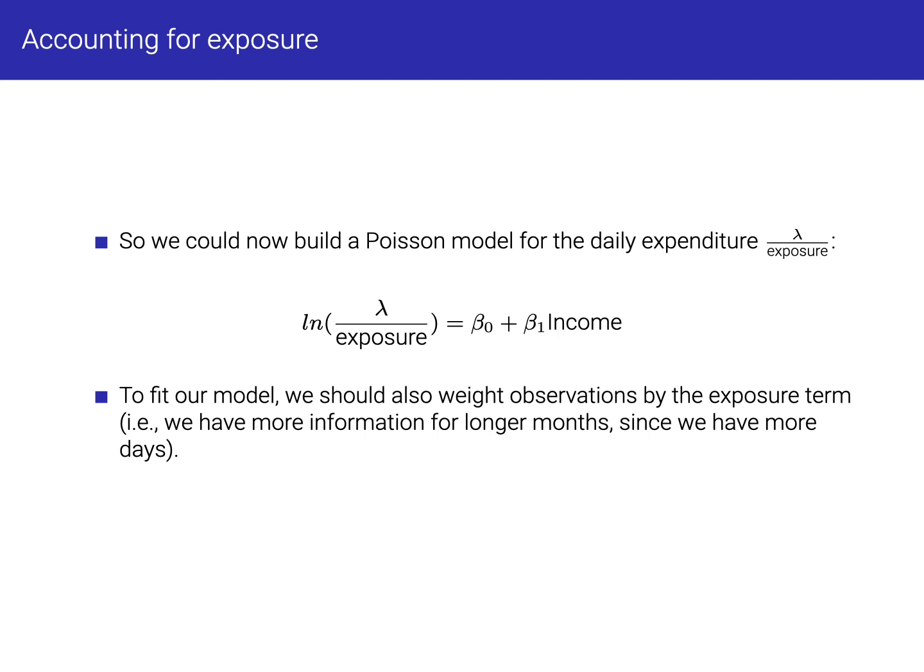One of the problems with that is that you get a prediction of daily expenditure, right? So if you were interested in monthly expenditure, you still have to do additional computations to recompute predictions for months after you fitted the model, because after all, you don't predict lambda, you predict lambda over the exposure. So here, that's the daily expenditure.